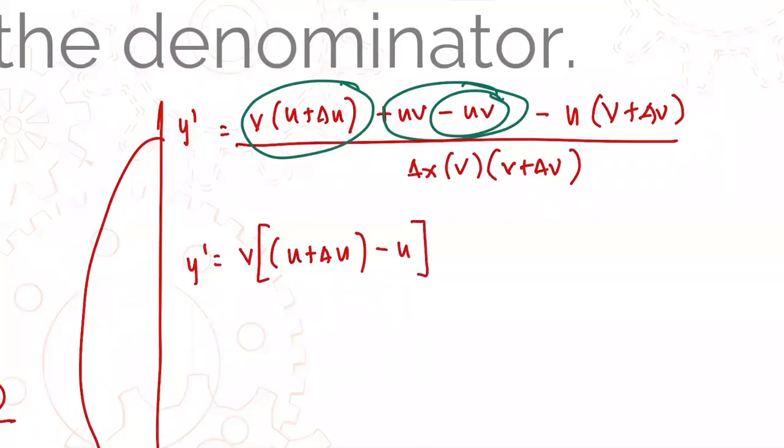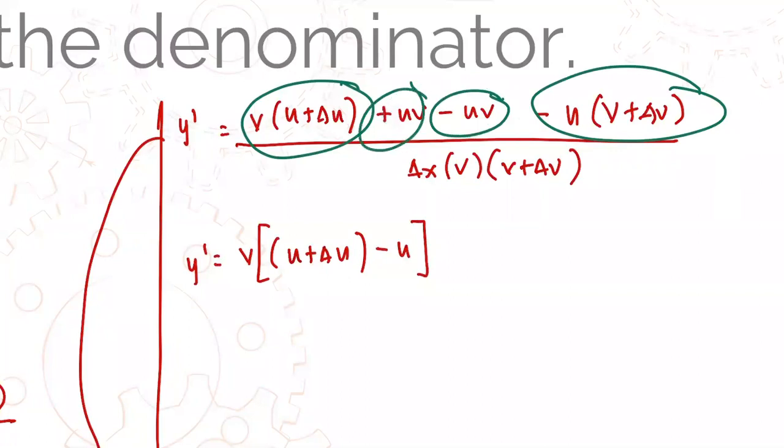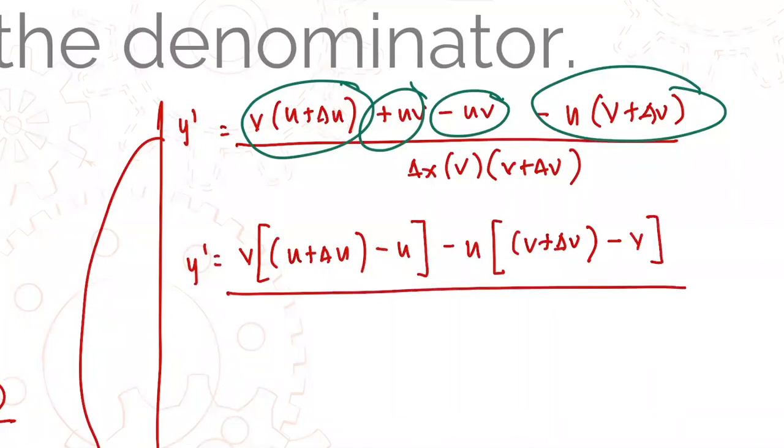Then yung kasunod, yung last term natin tsaka yung second term natin. Okay, so erase ko to. Okay, so we have common sa kanila is u. So try kong minus u. Minus u. So magiging v plus delta v minus v. Okay? All over delta x times v times v plus delta v. Okay.